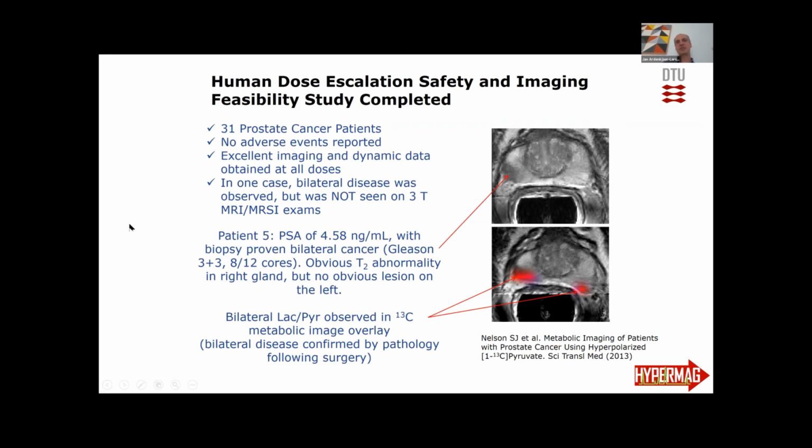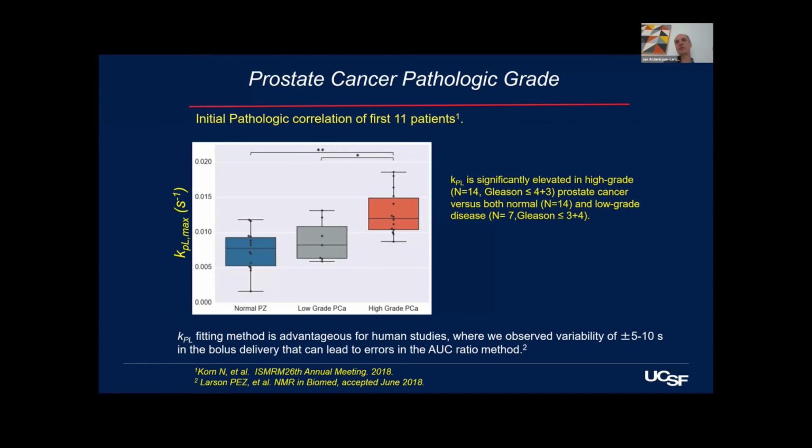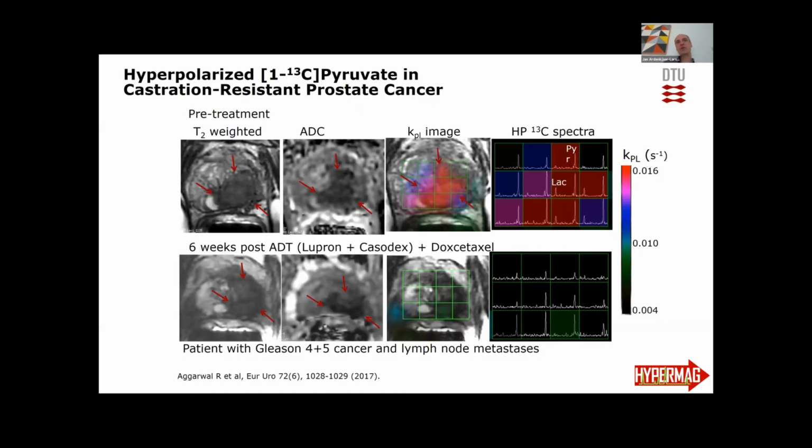And actually, UCSF have gone on to look at other patient populations, and also continued with the prostate cancer indication, trying to stage the prostate by correlating the pyruvate over lactate, or kPL, the rate constant of pyruvate to lactate, with the grade of the tumor, and also looking at response to therapy.